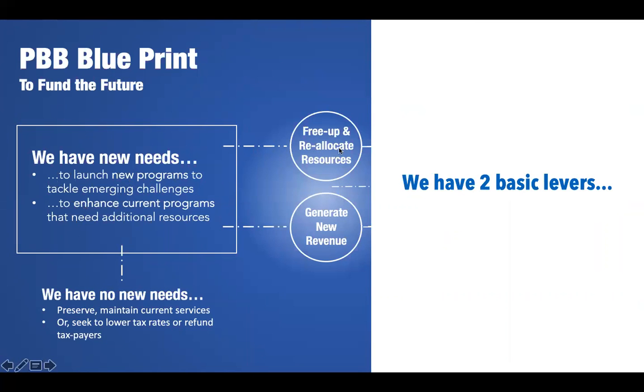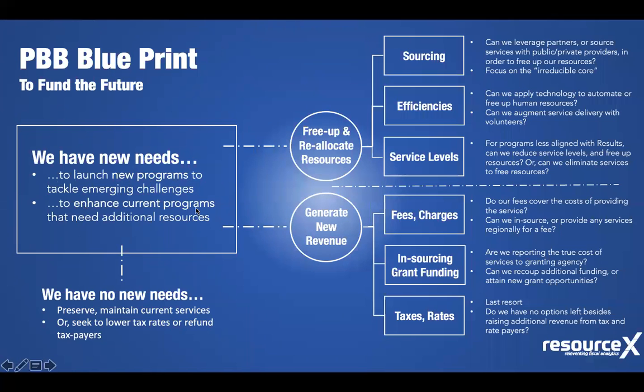Well, we basically have 2 levers. We could spend our current budget differently, so make trade-off decisions in the smartest way possible to free up resources to fund our new needs, and/or we could bring new money into the equation. We could generate new revenue to fund those new needs. And the overall hope, or at least the way that we portray it with the blueprint, is that there are many different strategies.